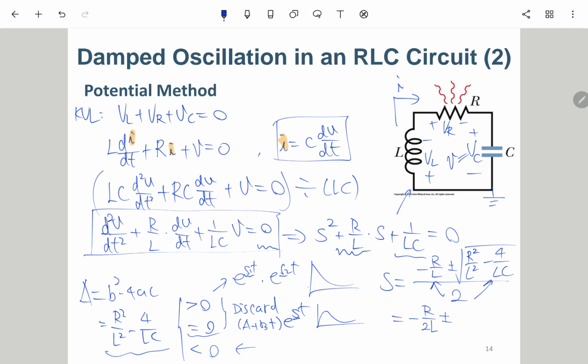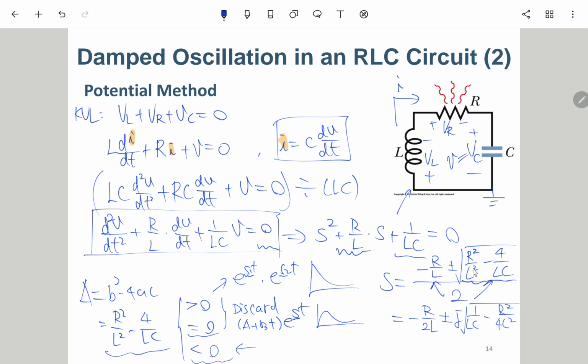We already know that this thing is smaller than 0, so we try to write it as j, and then we have 1 over LC minus R squared over 4L squared.